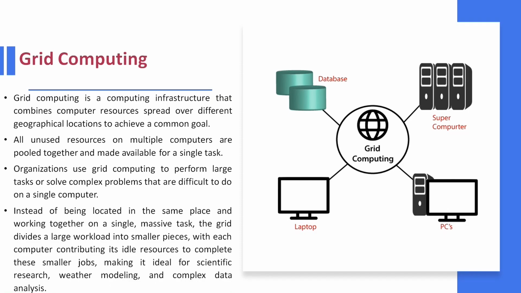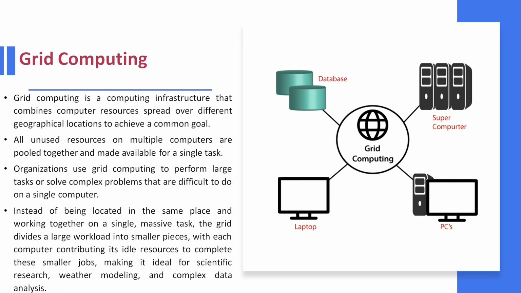In that case, you have to divide your task into multiple small tasks and assign each task to an individual machine or infrastructure. Then at the end, you combine the results of all those infrastructures and services, and you can generate the output.